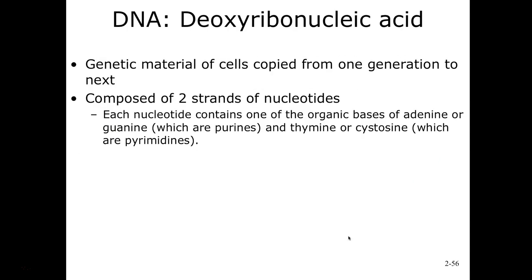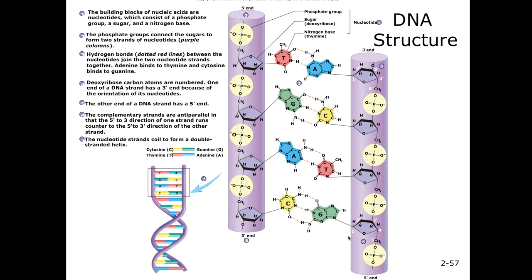So what do we use DNA for? Well, it stores our genetic material, which we pass down to our offspring, and we are going to have 2 strands of these nucleotides. So let's take a look at what this looks like on the next slide. Looks quite complicated, but here we have the backbone of our DNA, where we have our deoxyribose molecule and the phosphate. That connects over to our nitrogen bases.